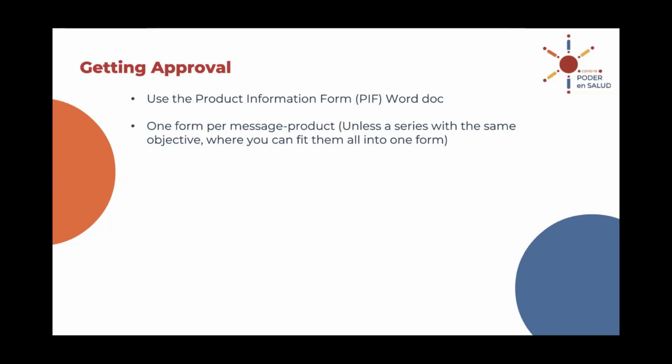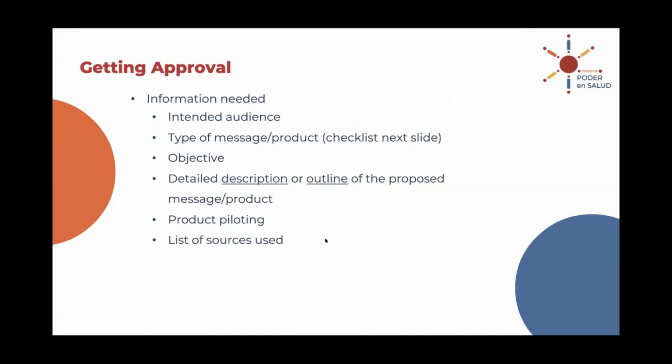So if you make a flyer, or if you want to focus on messaging around the fear of COVID-19 in schools, you can do that, but we must submit one form per message product, and that will be to get approval from the CDC to then have your message products good to go.